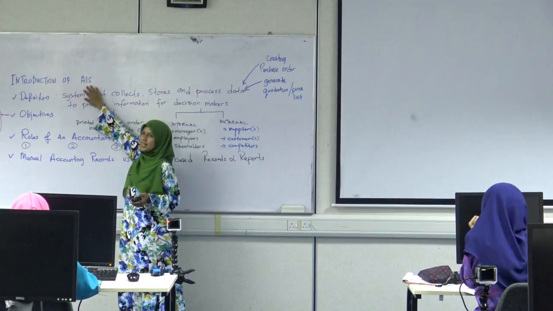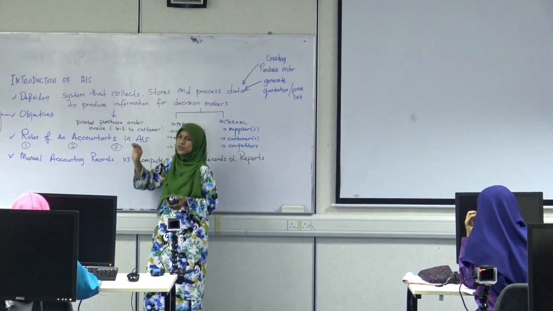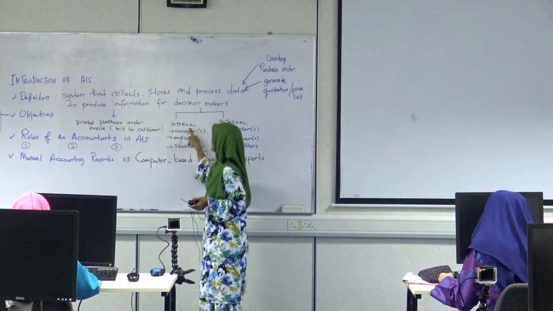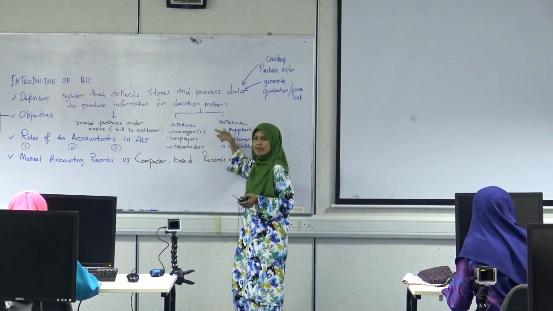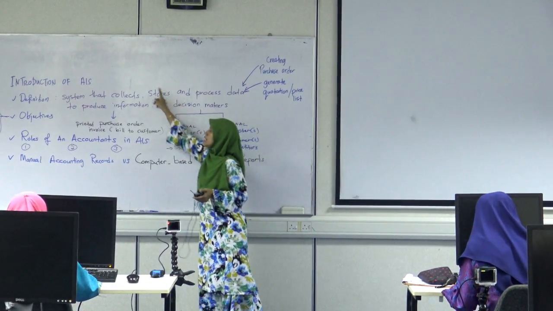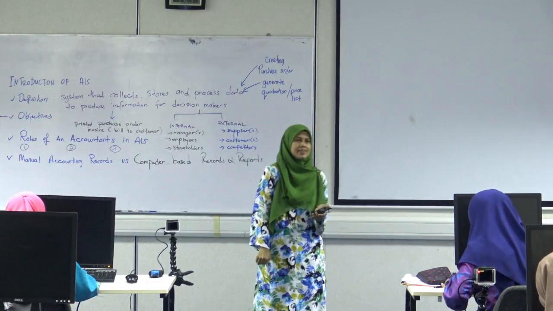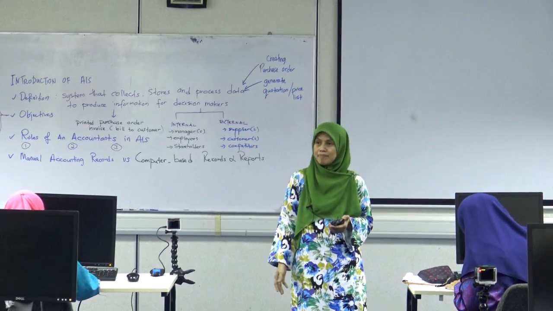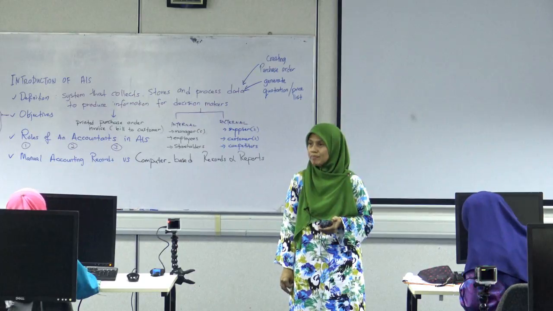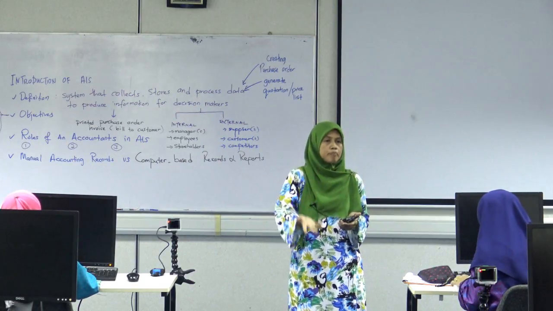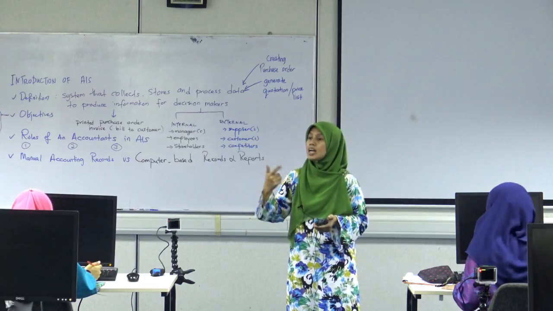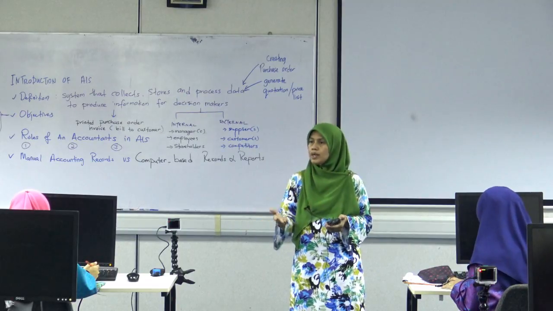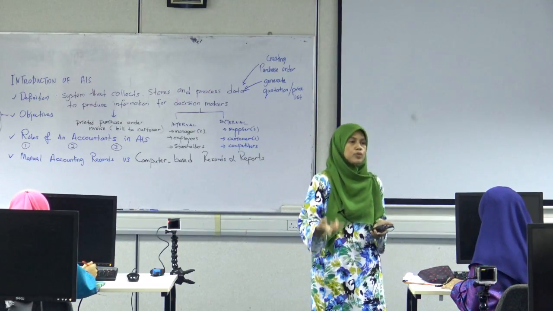So the objective of the accounting information system is best illustrated when you see the flow of the process completed after the decision makers have made the decision based on the information provided. So what does the system give us? An easy step of record keeping. Betul tak? You will have record keeping that is more proper, more organized, easier to access. Can you imagine work that is totally manual?